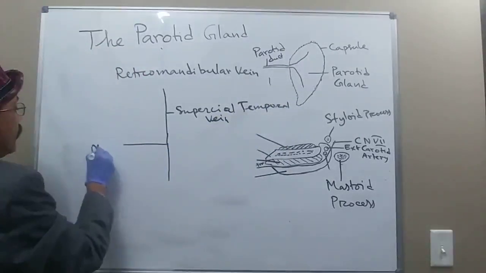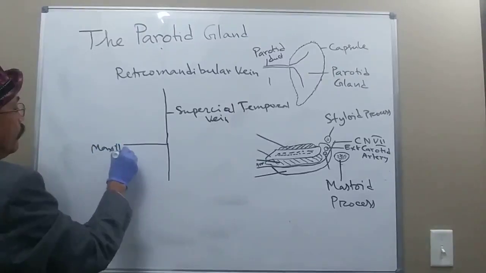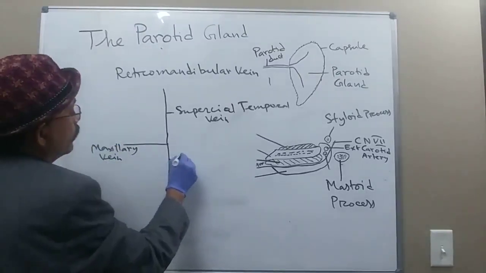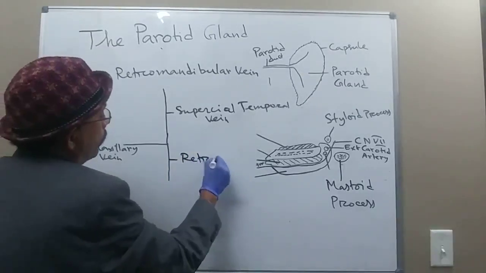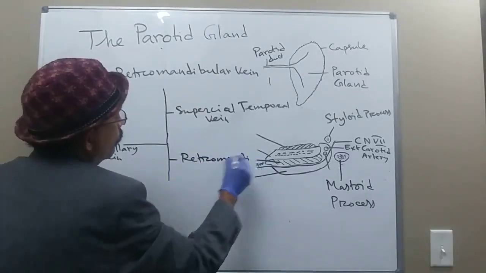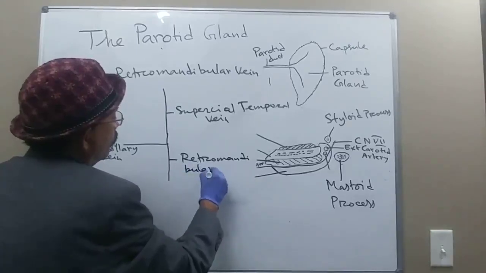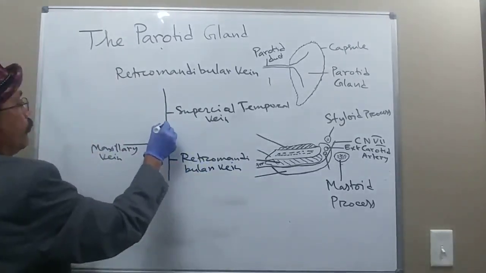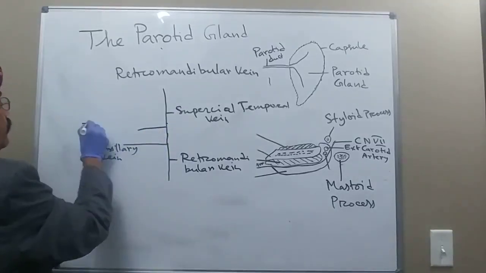This is the maxillary vein. This is the retromandibular vein. And we will always get one transverse facial vein.